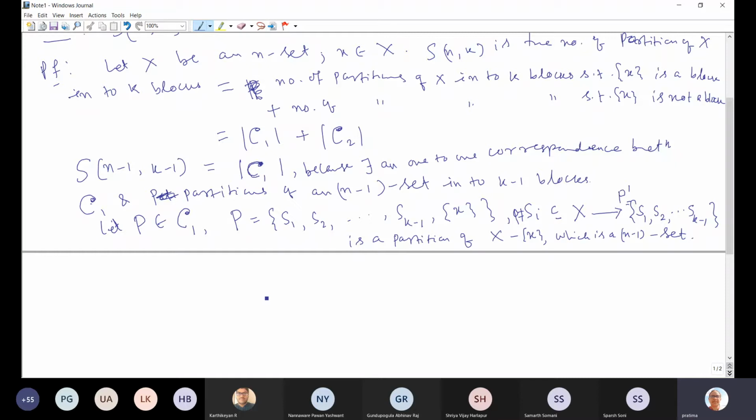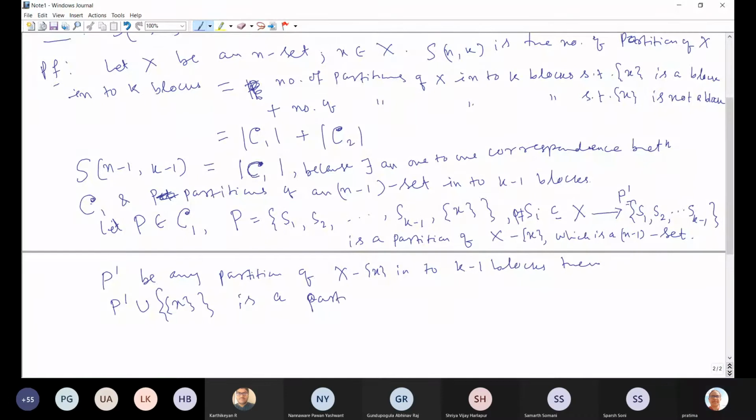This is a one-to-one correspondence, and it works both ways. Conversely, if you take P prime to be any partition of X minus {x} into k minus 1 blocks, then P prime union this singleton set {x} is a partition of X into k blocks.